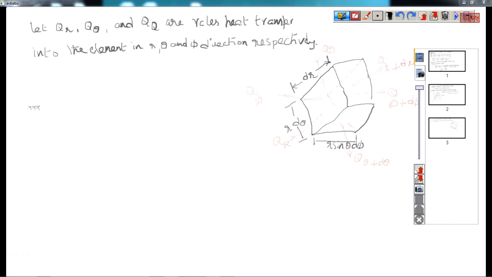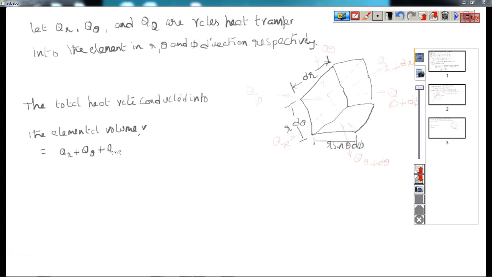The total heat rate conducted into the elemental volume V is equal to Q r plus Q theta plus Q phi.